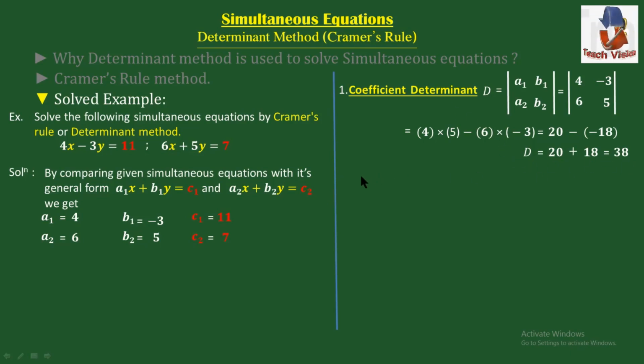Now consider the second determinant, which is the x determinant, denoted by Dx. It contains the four values by column: c1, c2, b1 and b2. Look here. We are going to calculate the x determinant.